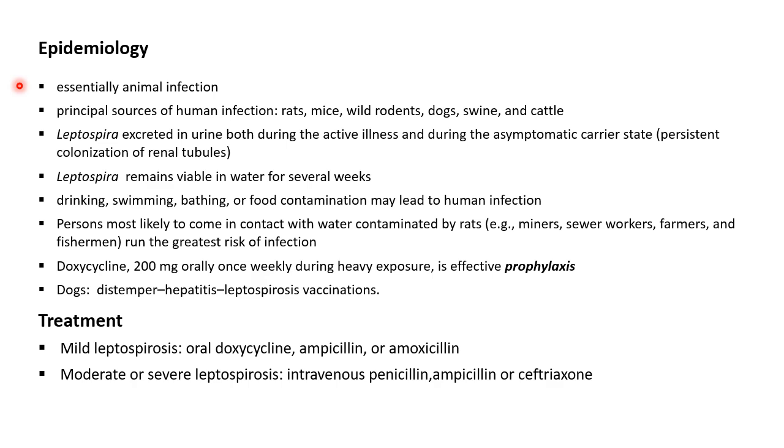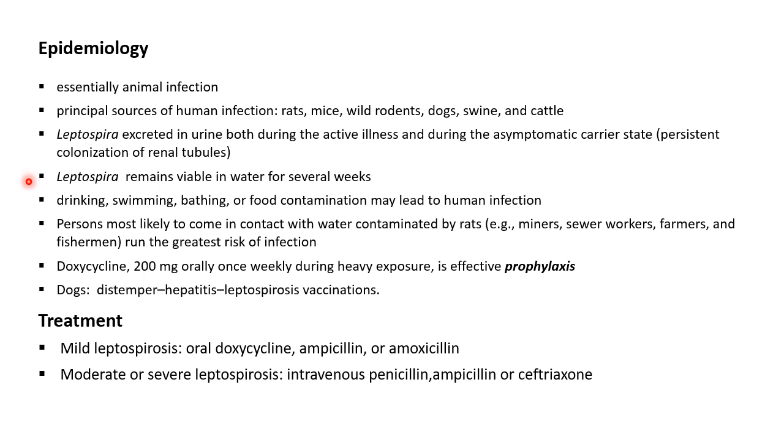Leptospirosis is essentially an animal infection, and the principal sources of human infections include the rats, the mice, wild rodents, dogs, swine, and even cattle. The Leptospira is excreted in the urine both during the active illness and during the asymptomatic carrier state, where the organism can persist in the renal tubules.